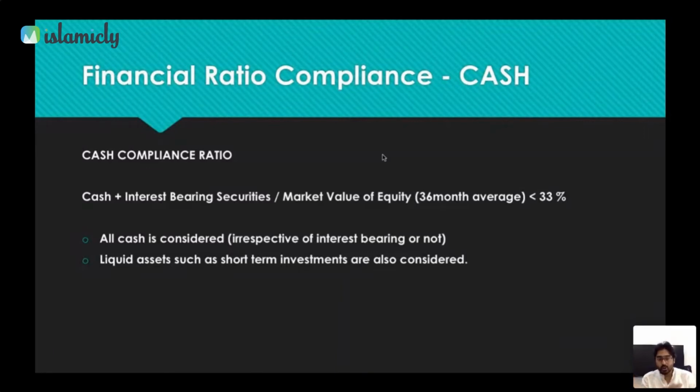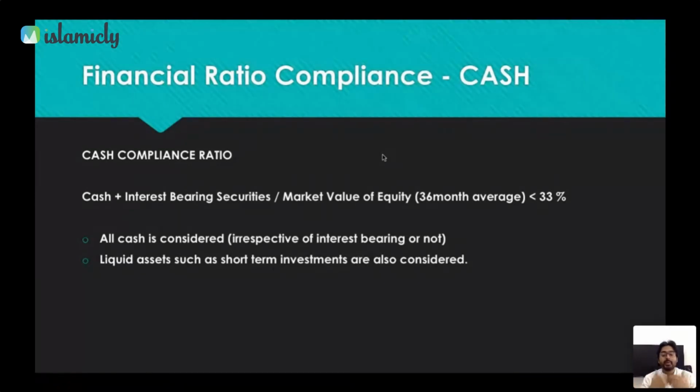Over here, all of the cash is considered, whether it is interest-bearing or non-interest-bearing. All liquid assets are considered, such as short-term investments. Any equity investment that the company makes is considered for calculating this ratio. What the Sharia scholars mean by this is that if a company discloses that they're going to make tires, and if they have cash, they should invest this cash back into more facilities, more retail services, or their business activity.